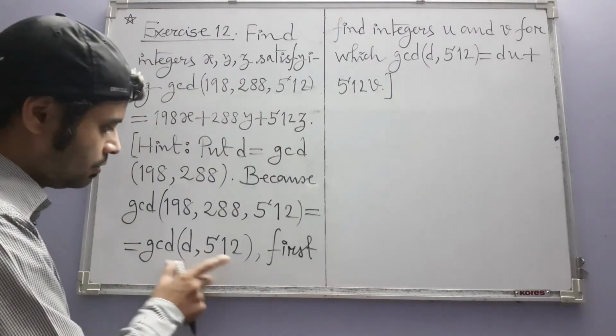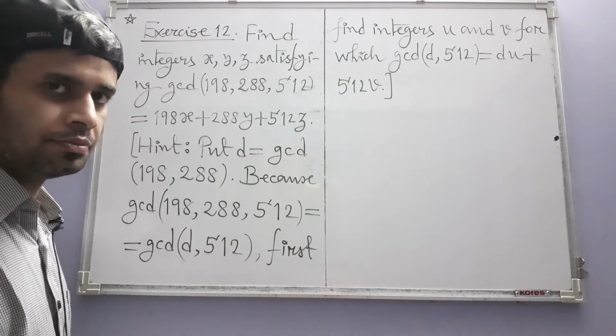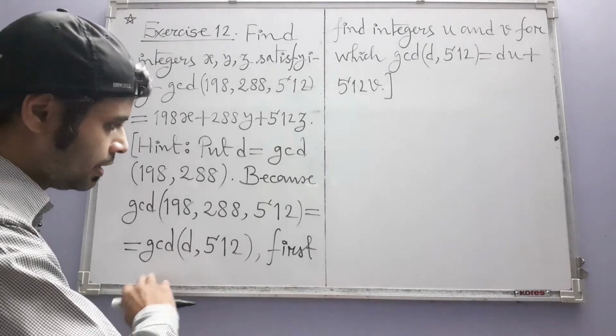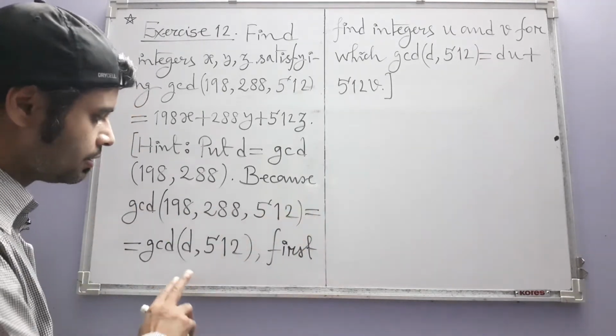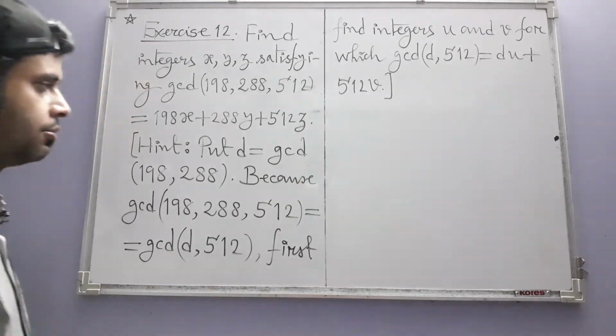But before we can work with this, we have to actually find D, and in finding D and then the next GCD, that means the ultimate thing, we are going to use the Euclidean algorithm, of course.